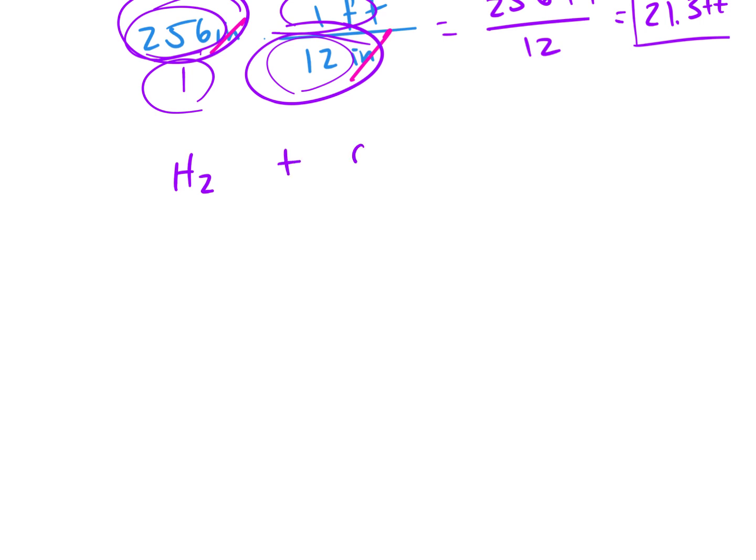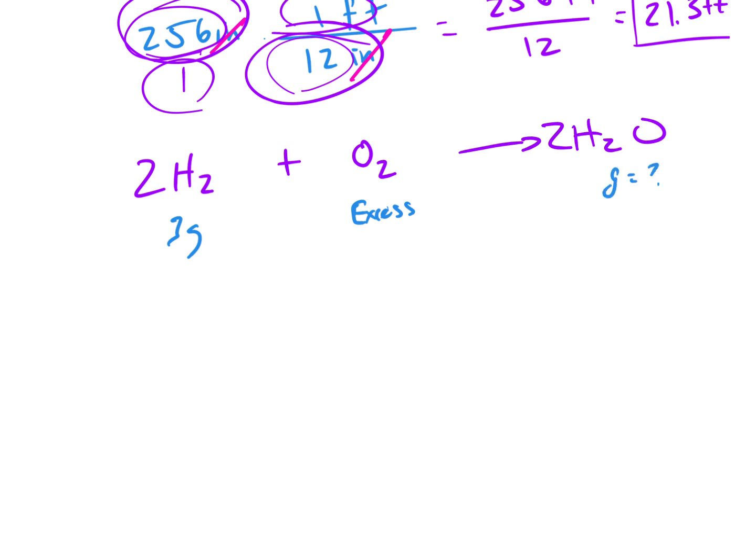We have hydrogen plus oxygen and we get water. And we better put a 2 right there and a 2 right there because we'll talk about it later. Yeah, we got a balanced equation. Okay? So if I have 3 grams of this and I have excess of this, means I have a lot of it. I want to know how many grams of water I get.